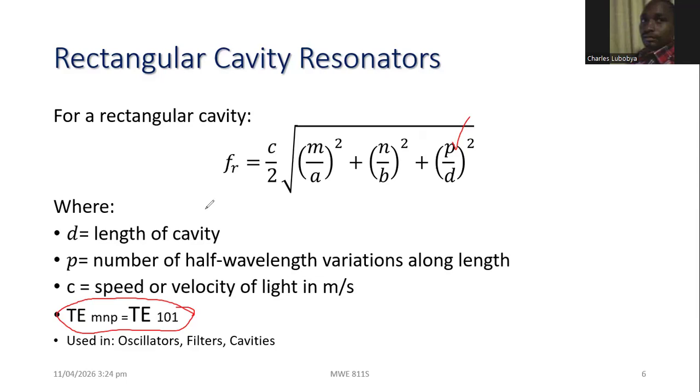The significance of the resonant frequency is that this is the frequency needed to operate a filter or oscillator in a stable state, without any vibration, without any noise. That's why we normally talk of resonant frequency, and it's very, very important in cavity resonators.